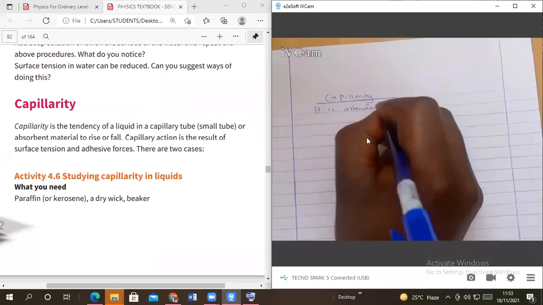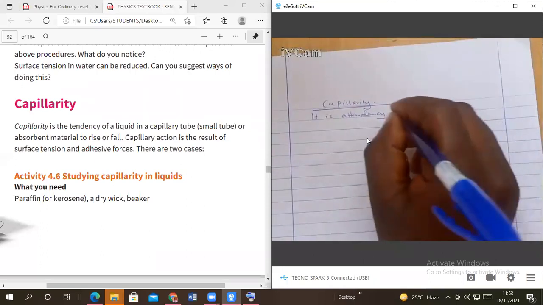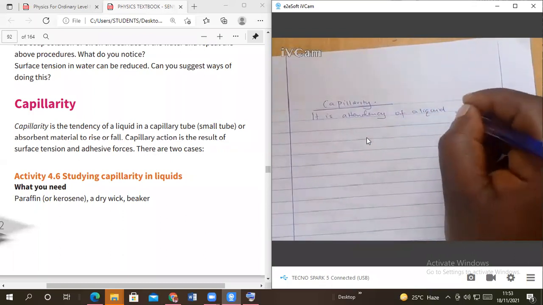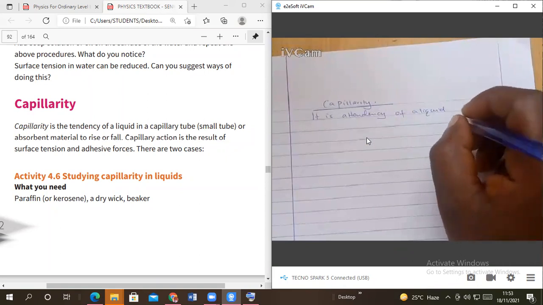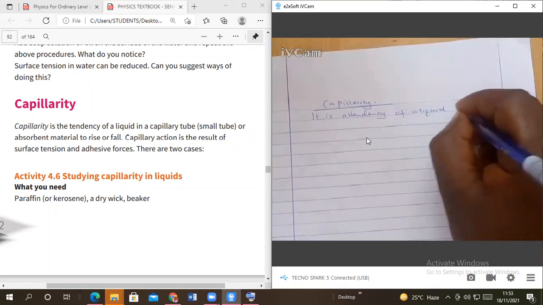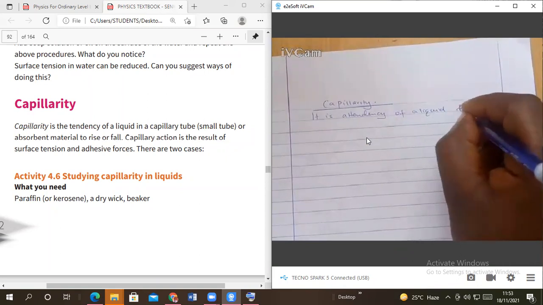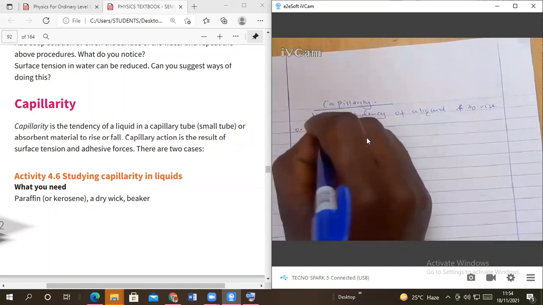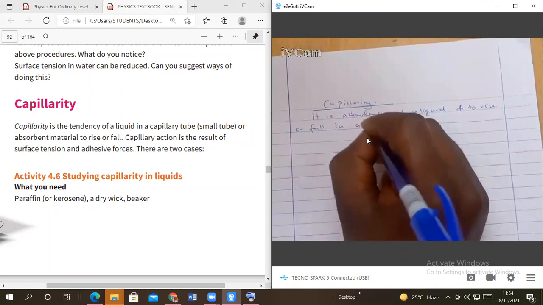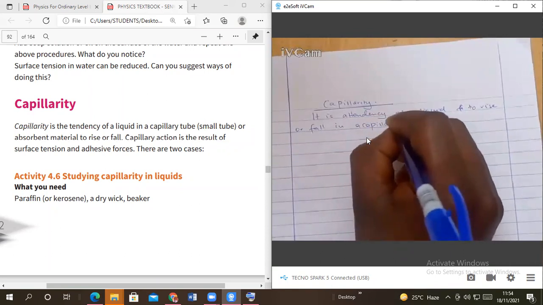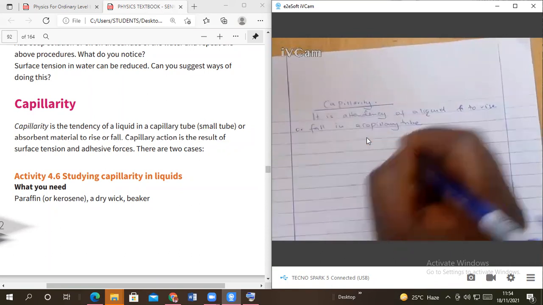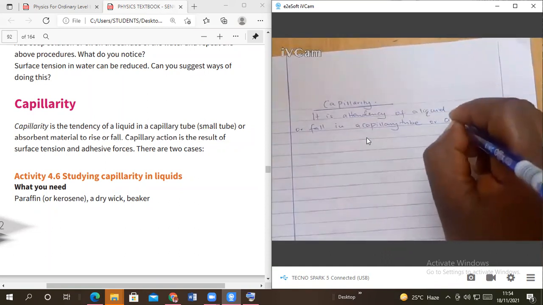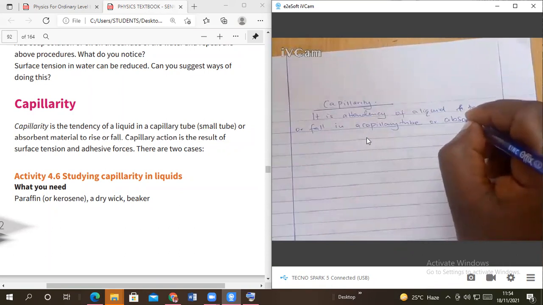It is a tendency of a liquid to rise or fall in a capillary tube, or any material which is absorbent.